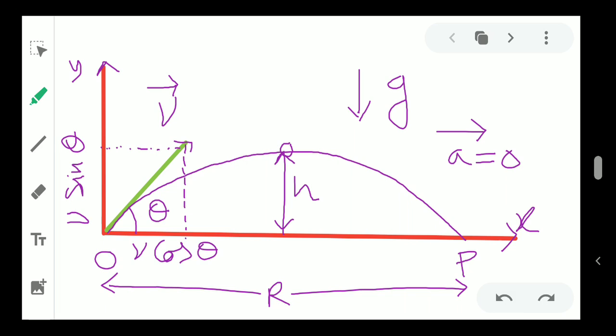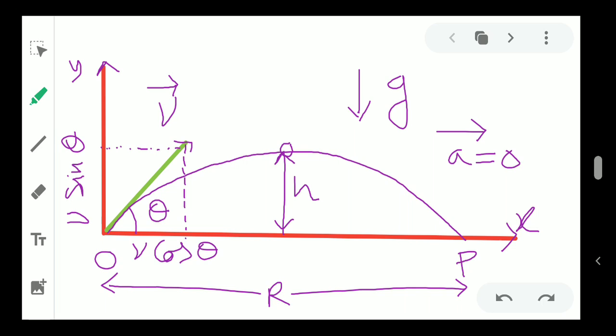If I split the v, the initial velocity was v cos theta for the horizontal axis and v sin theta for the vertical axis. So v cos theta is responsible to move the missile along the x-axis, for the displacement R, that is called range, and v sin theta is responsible only to raise the distance, that is h, that means it is responsible for the vertical one.